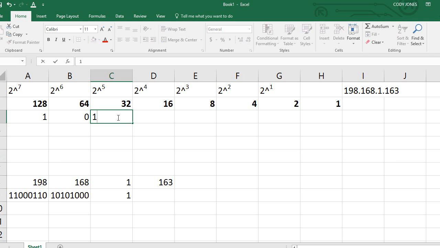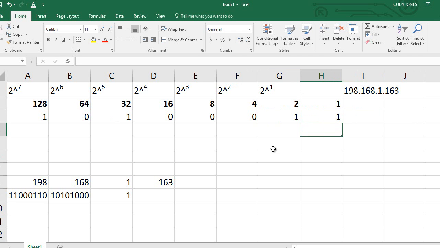We have 3 left. 3 minus 16, no, doesn't work. 3 minus 8, no. 3 minus 4, no. 3 minus 2, yes, that works. So we place a 1 here. We are left with 1 after that. 1 minus 1 works. So we place a 1 there.